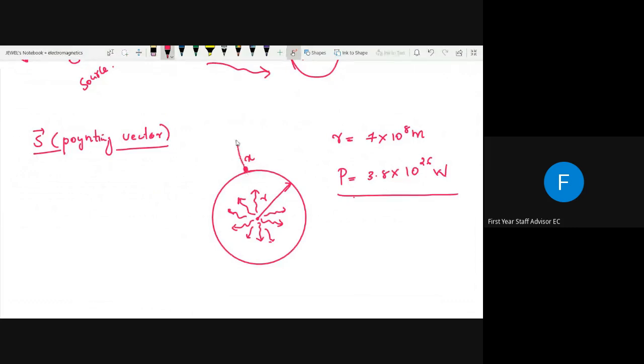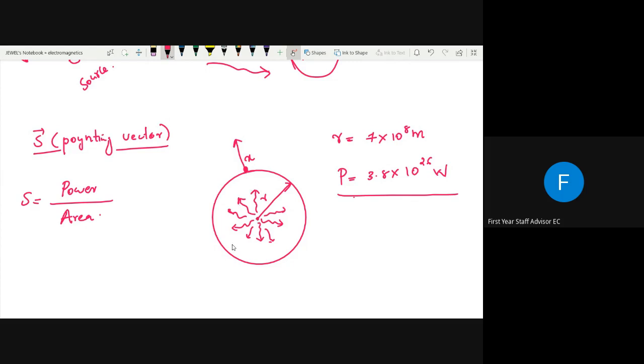We know the direction of this Poynting vector should be along the direction of propagation of wave. Then what is the magnitude of Poynting vector here? We know that Poynting vector is the power density or power per area. The total power radiated by sun is given by 3.8 into 10 raised to 26 watt. And what is the area enclosing this source of electromagnetic wave? ഈ സോഴ്സിനെ എൻക്ലോസ് ചെയ്യുന്ന ഏരിയ എന്താണ്?